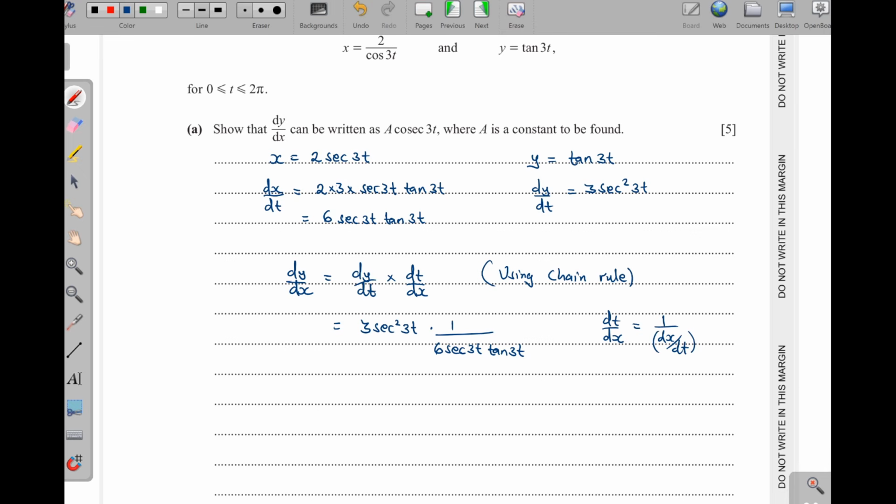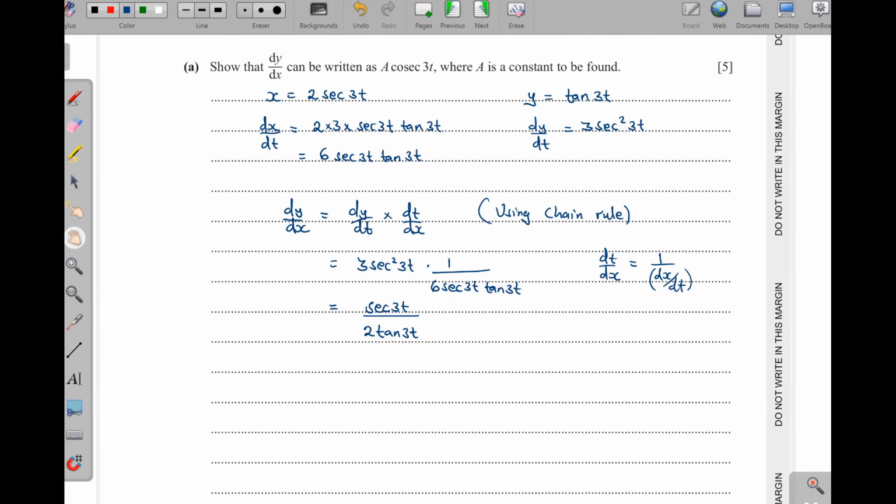Okay. Now, 1 sec 3t here will cancel with 1 here. So that means we are getting sec 3t, then divide by, of course, 3 goes into 6 2 times. So we shall have a 2 here, then tan 3t.